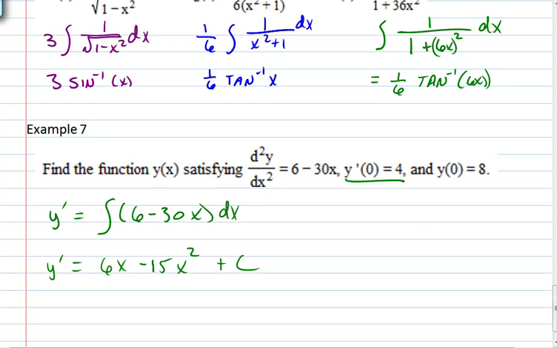But now we use this. If x is equal to 0, that derivative is equal to 4. So guess what's equal to 4? c. So now we have that the first derivative is 6x minus 15x squared plus 4.